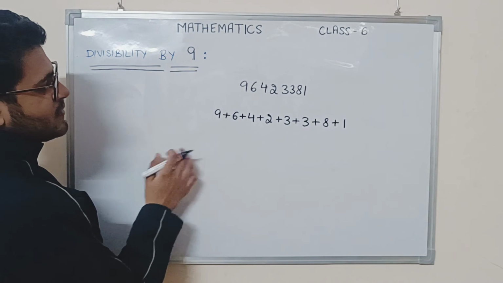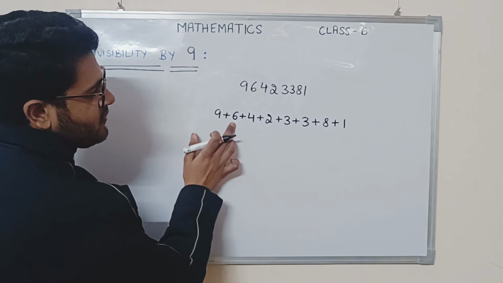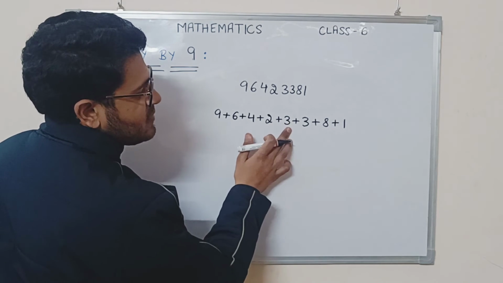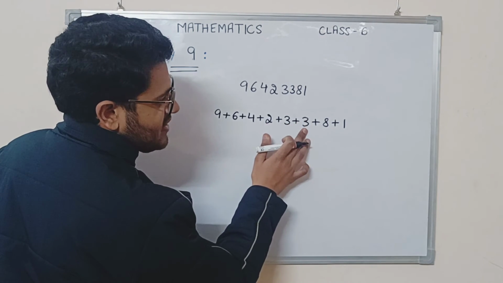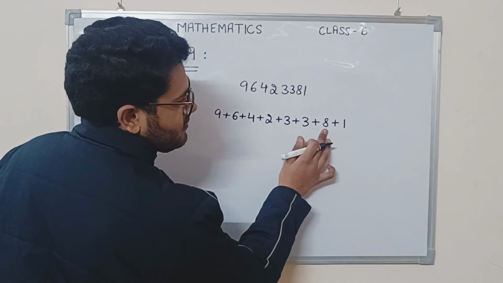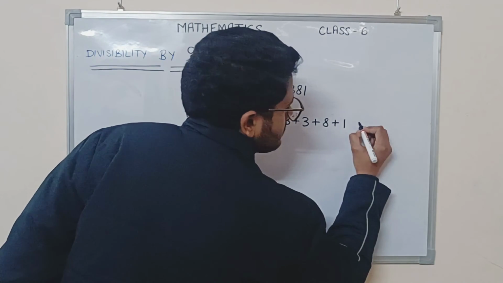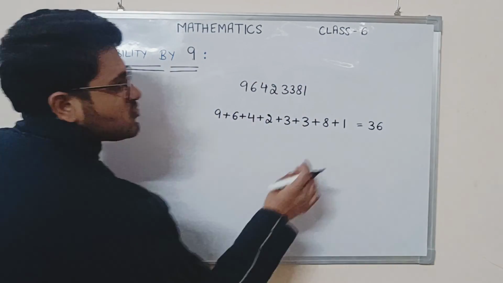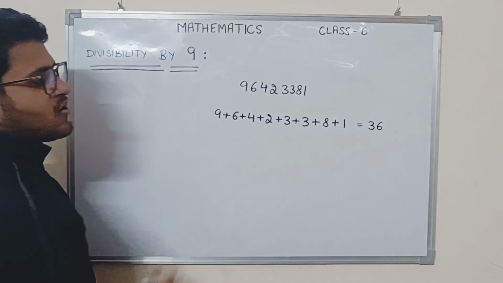Let's add them. 9 plus 6 is 15, 15 plus 4 is 19, 19 plus 2 is 21, 21 plus 3 is 24, plus 3 is 27. 27 plus 8 is 35 and plus 1 is 36.